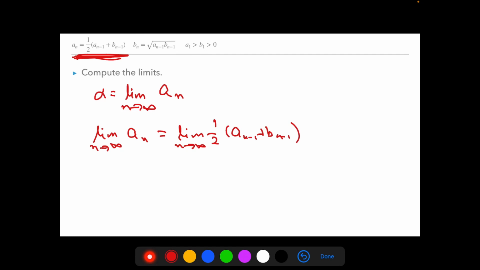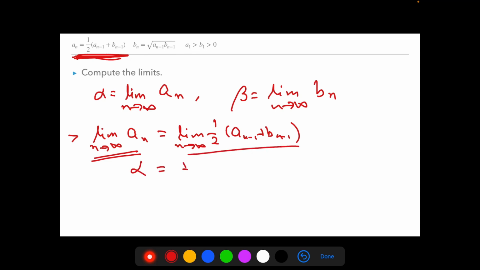And also, let's make the definition of beta to be the limit as n approaches infinity of b sub n. Now that we have this limit, here what we have here is just alpha, right? And here what we have is 1/2 alpha plus beta.